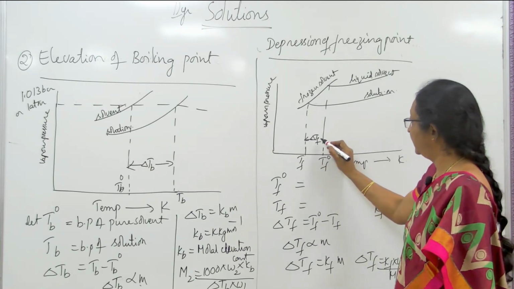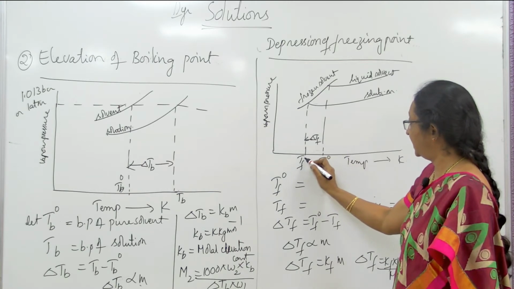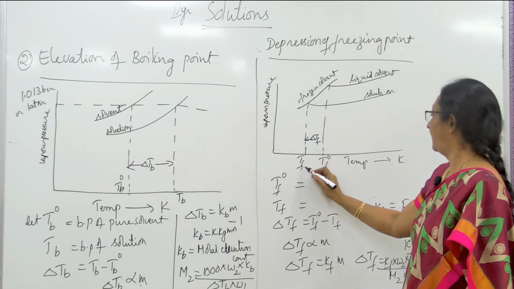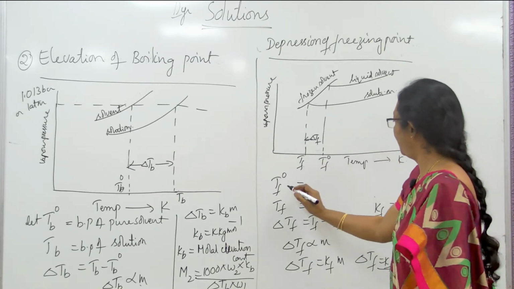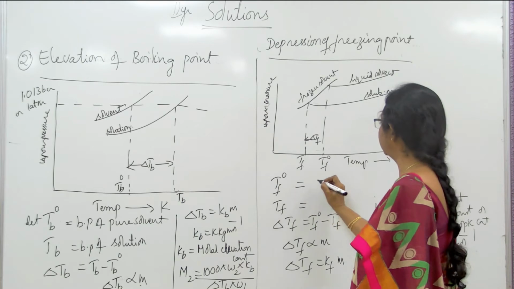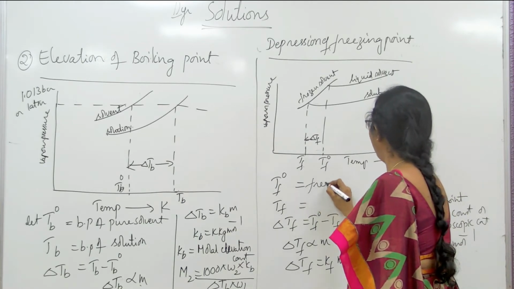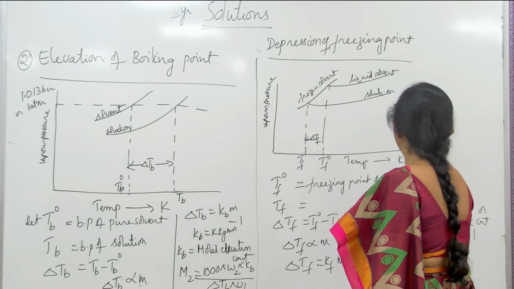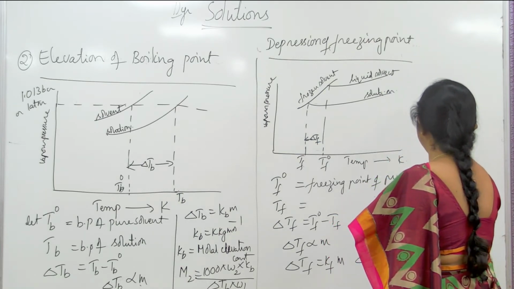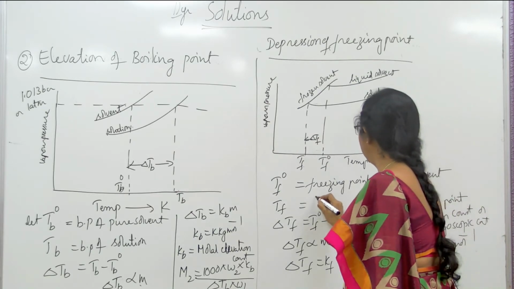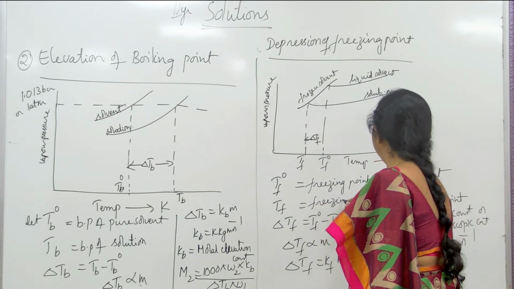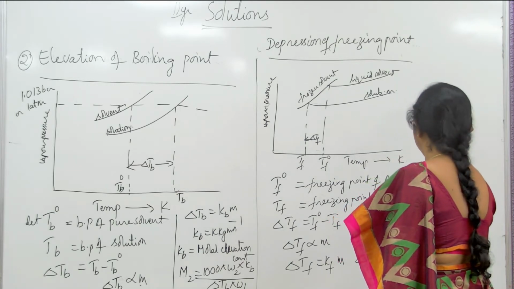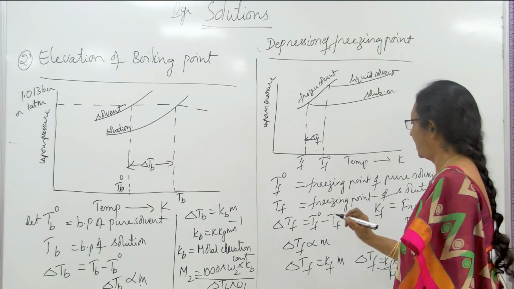Now here, observe the graph that is drawn between the vapor pressure and the temperature. This is TF0, the freezing point of the pure solvent. When you have added the non-volatile solute, its vapor pressure is decreased. So here it is moving this side. So there is a decrease in the freezing point of the solution containing the non-volatile solute. So what is TF0?